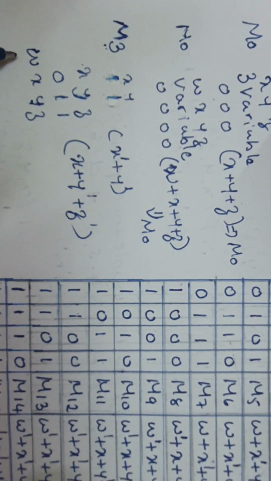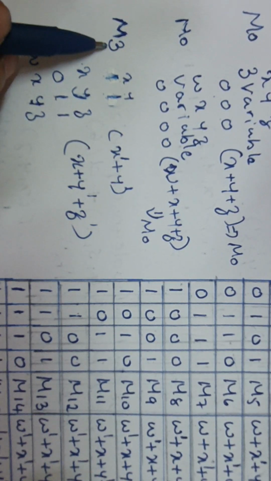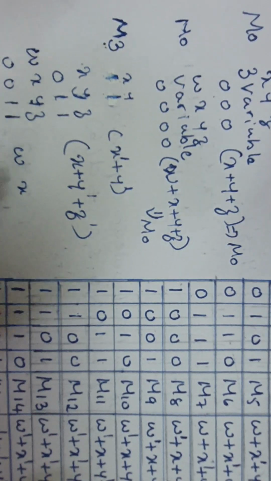So for 4 variables, if you take w, x, y, z as the input variables, and write 3 with 4 bits, it will be 0, 0, 1, 1. Then w is 0, so w as it is, x is 0, x as it is, y is 1, y dash, z is 1, z dash, with a plus sign in between.